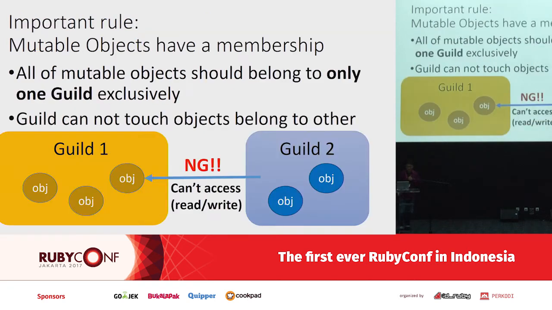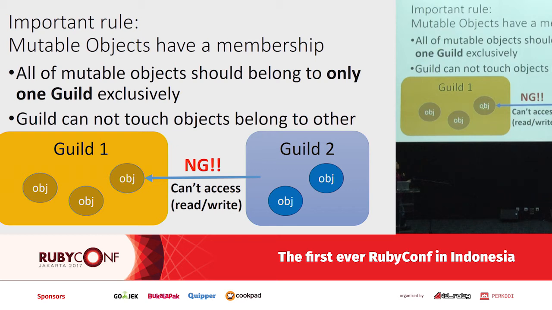The key point is that we introduced a membership for mutable objects. All mutable objects should belong to only one guild. For example, this object belongs to guild 1, and these objects belong to guild 2, and guild 2 cannot access the other object.